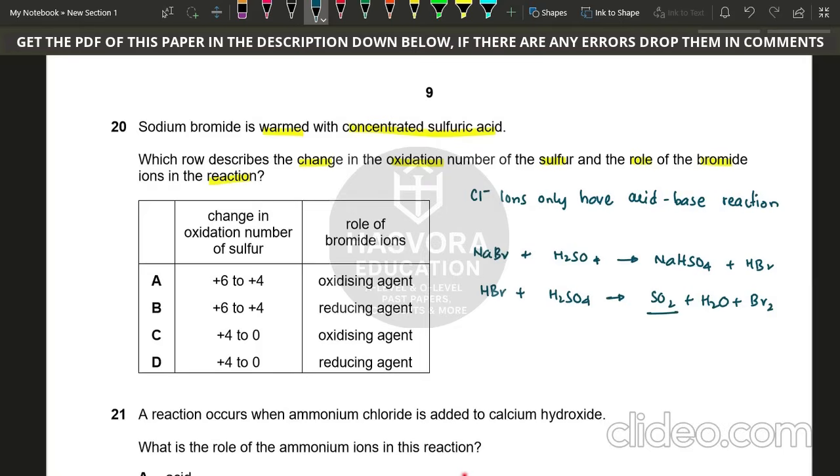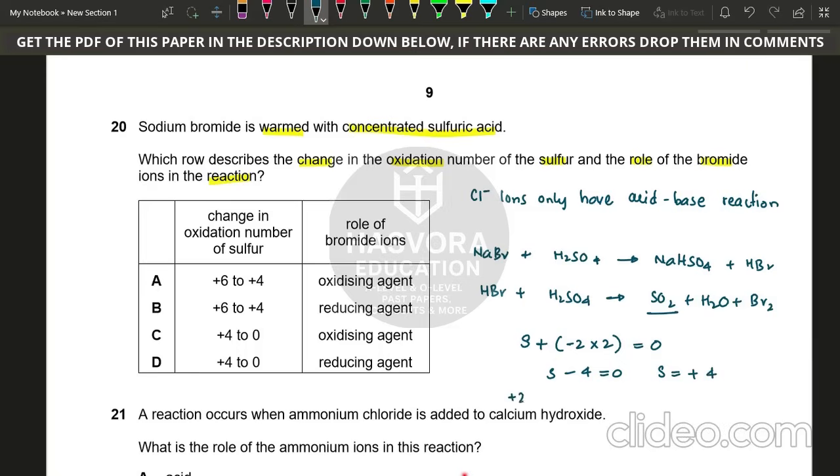So let's see what is the oxidation state of the sulfur in the SO2. It will be S plus minus 2 for oxygen into 2, because there are two atoms, equals 0. So it will become S minus 4 equals 0. So S will be equal to plus 4. Okay, and what is the oxidation state in H2SO4, in the sulfuric acid?